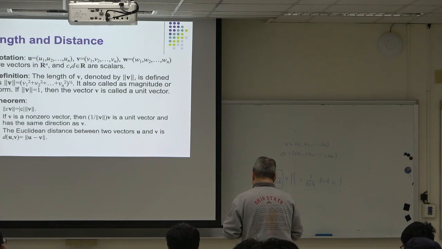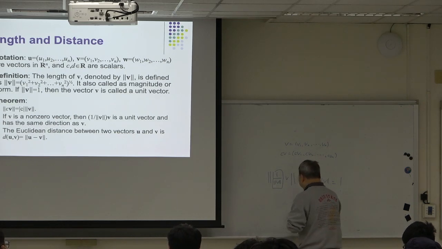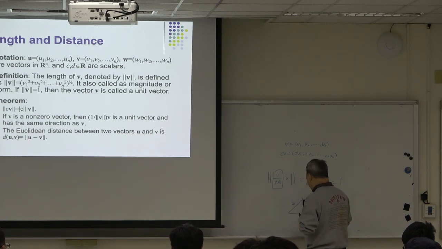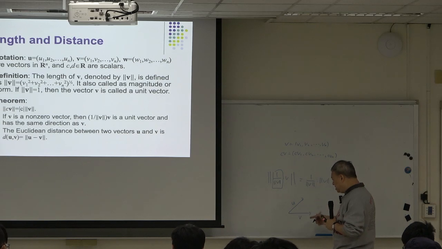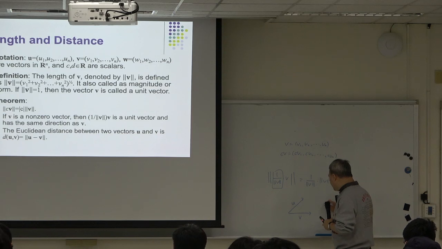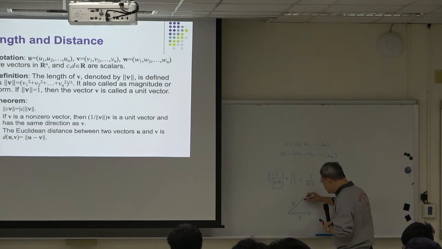Basically, if this is U and this is V, then what is U minus V? It's this one, right?